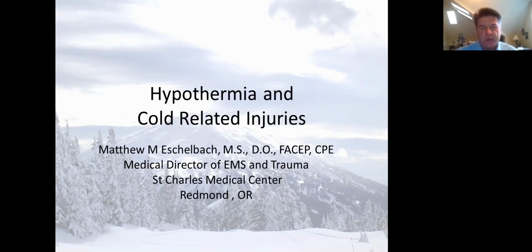It's also a place where people go snowshoeing, cross-country skiing, winter camping, etc. So it's a great outdoor area. Along with anything outdoor, we run the risk of exposure. And tonight we're going to talk about hypothermia and cold-related injuries.